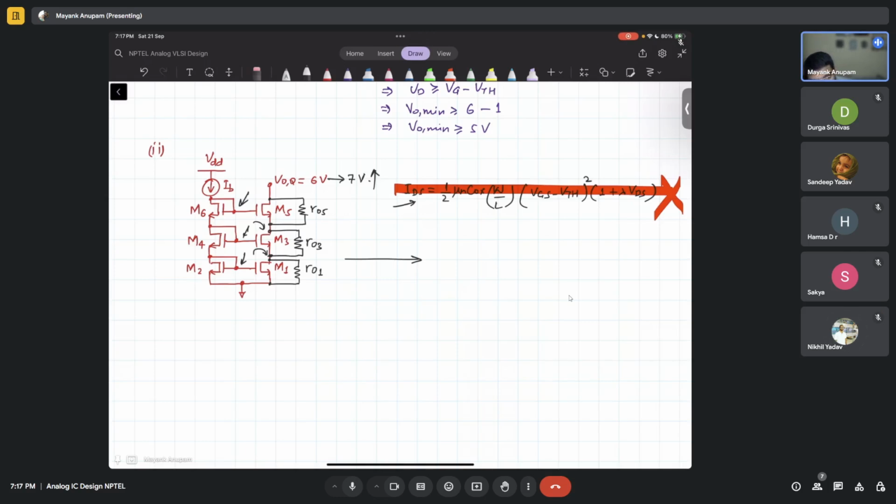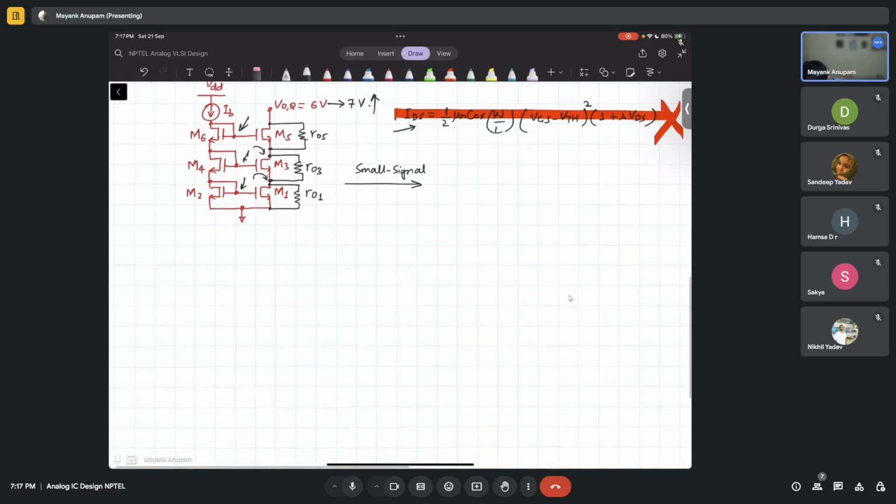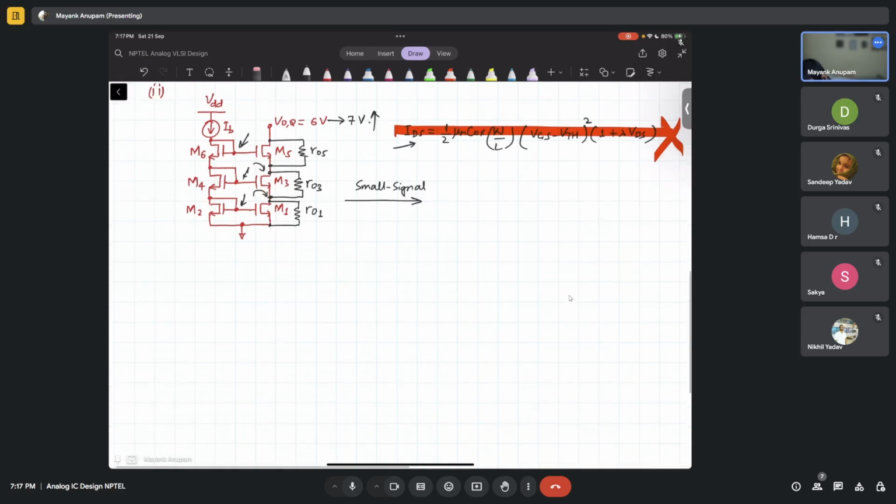Yes, yes. So tell me, how will the small signal model of this look like? As I just said, M5 can be replaced.